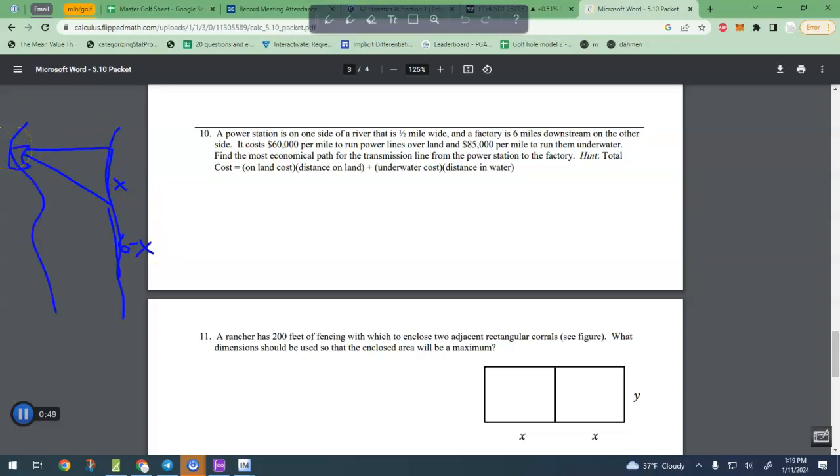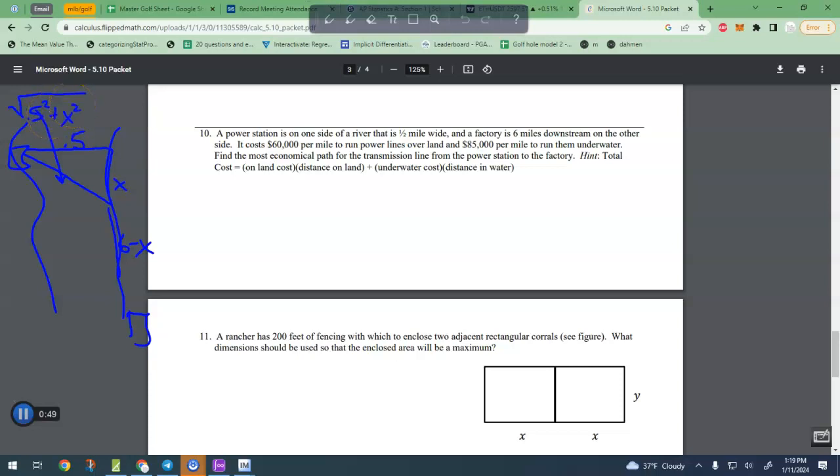I'm trying to get from there to there. Okay, this is 0.5, right? So what is this side? Squared. That's Pythagorean theorem, right? So this side would be the square root of 0.5 squared plus x squared.